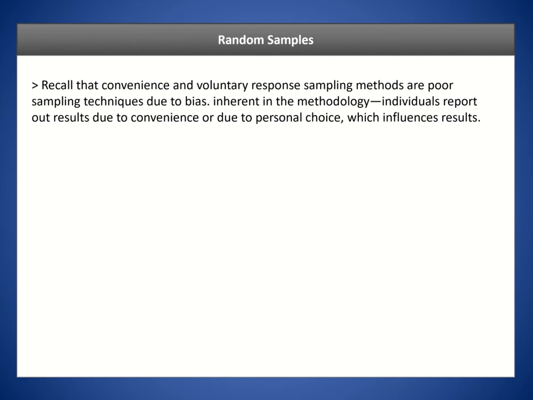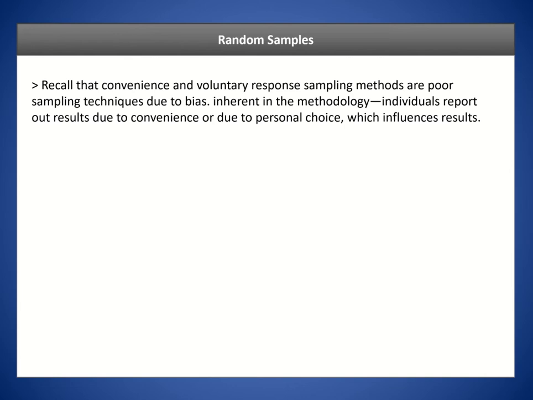Okay, so speaking of random samples, now we're going to go into this element of randomness, right? How do we do random samples? How do we randomly select those individuals? We know that we need to make it random, but how can we make it random? Well, recall that convenience and voluntary are known as non-random samples because they lead to this bias issue, right? Individuals in the population don't have an equal chance of being selected.